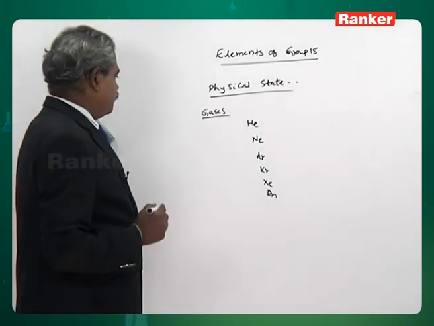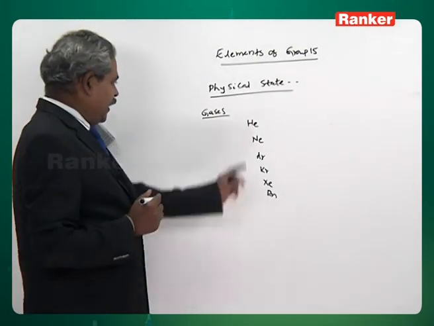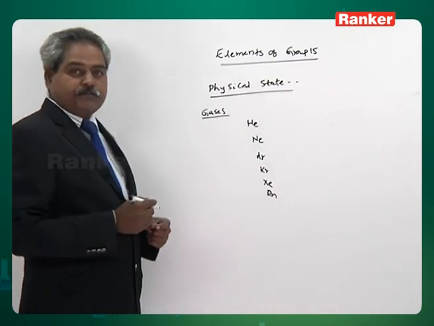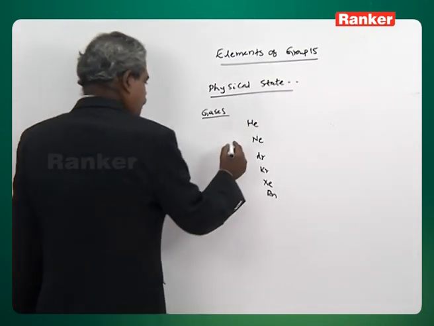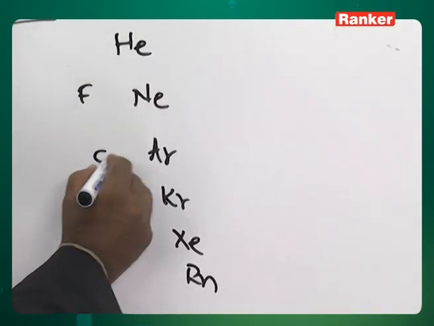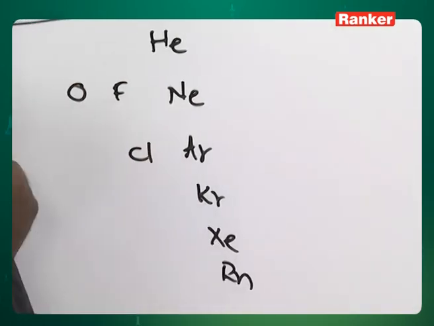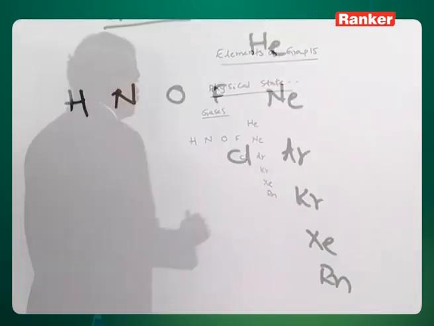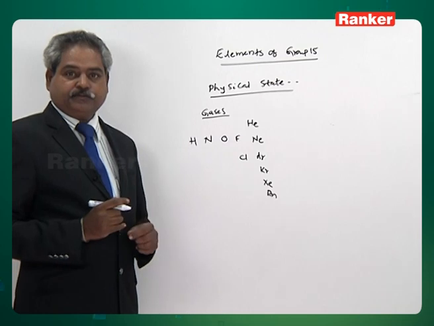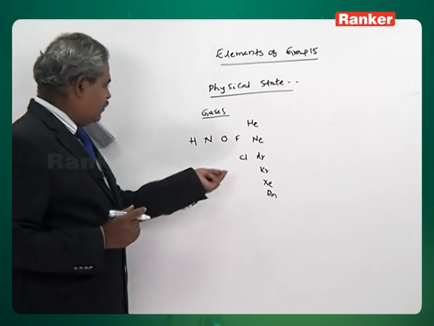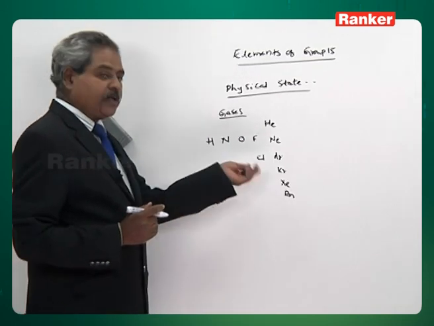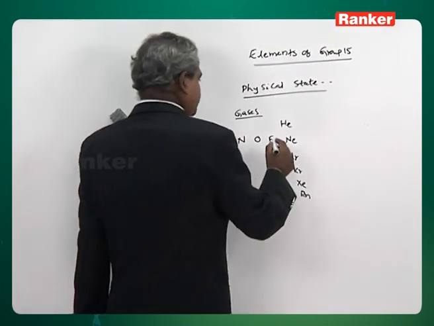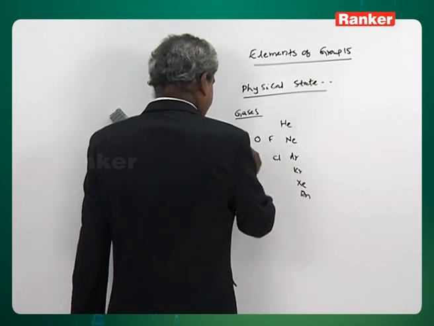The noble gases of the zero group, the end of the periodic table, and the last group of the p block. These are gases. Fluorine, chlorine again are gases. Oxygen is a gas. Nitrogen is a gas. Hydrogen is a gas. That's all. Only these are gases, a handful of them. You hardly have maybe 5 plus 6, 11 gases at room temperature, of course. Physical states are measured at room temperature only.